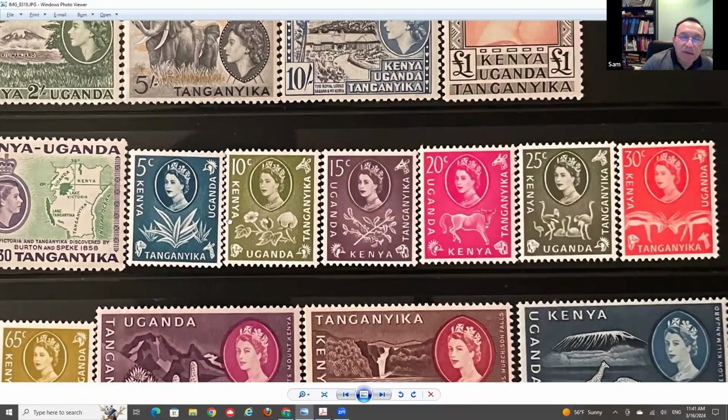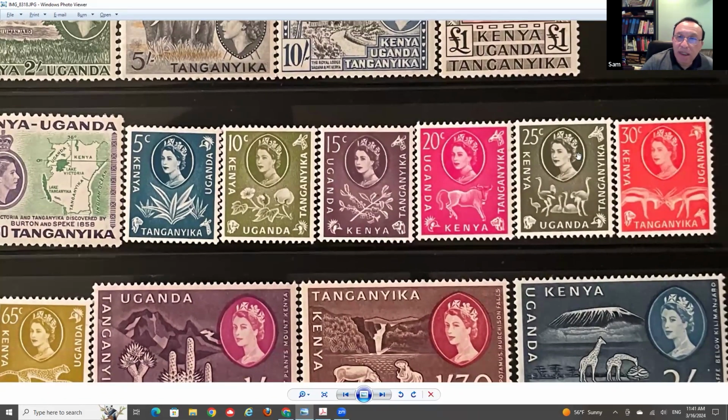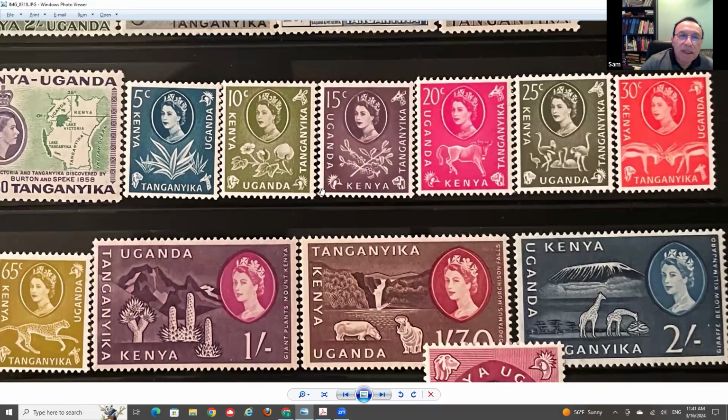Now, this series of stamps was printed by De La Rue. It has the queen with a lot of plants. Let's see, this is cotton, coffee, wildebeest, ostriches. These are gazelles. But now, seeing the stamps, you see a lion in here, the giraffe, and the crane.